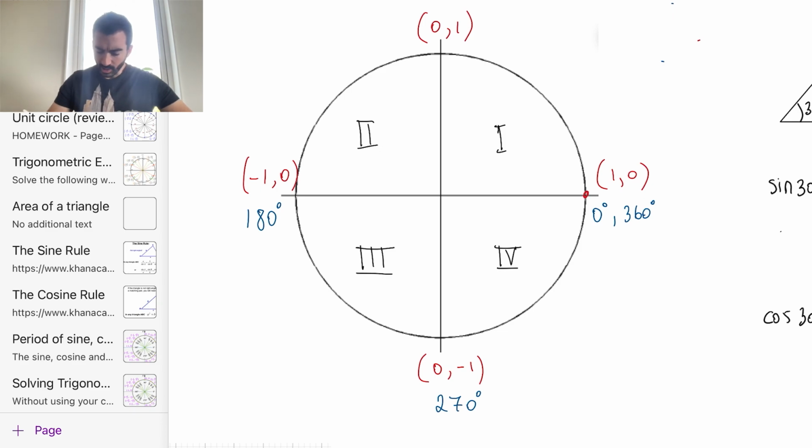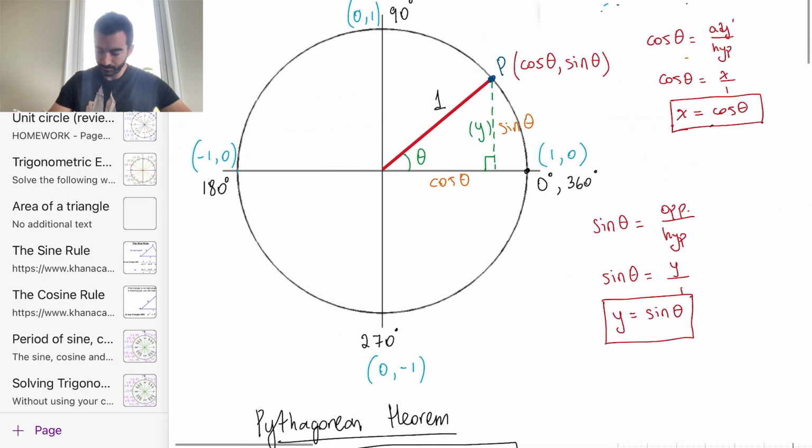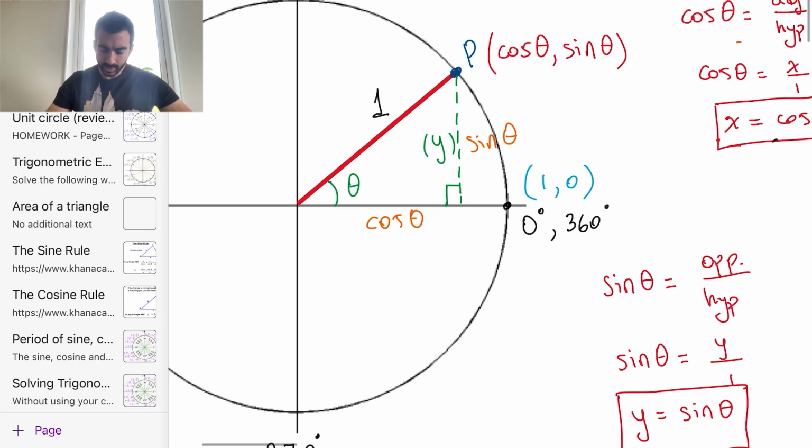Now, having those 4 coordinates: (1, 0) at 0, (0, 1) at 90 degrees, (-1, 0) at 180, and (0, -1) at 270. Looking at what we've done before, we have the cosine theta and the sine theta over here.